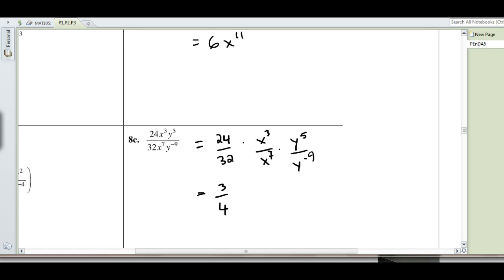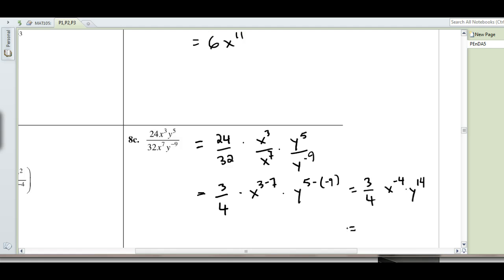You can take an 8 out of 24 and an 8 out of 32, and you're left with 3 on top and 4 on the bottom. The x, we're going to do 3 minus 7, and the y, we're going to do y to the 5 minus negative 9. So we end up with 3 over 4, x to the negative 4, y to the 14.